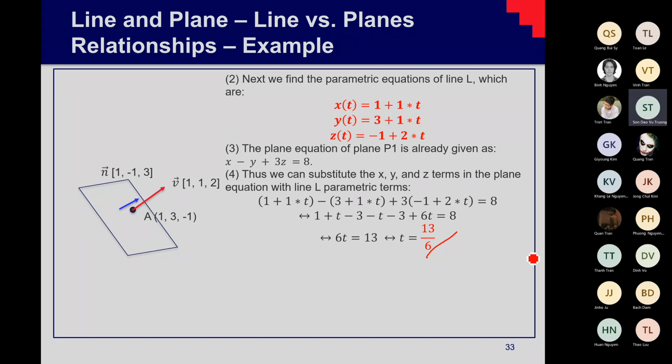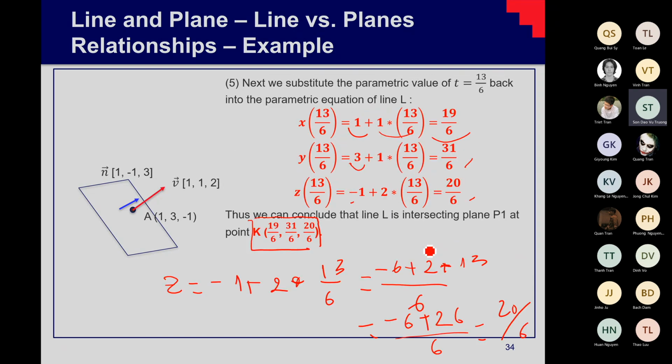Okay, so we can always do the reality check, which is to put everything back into the equation of the plane. Now we have 19 over 6, 31 over 6, and 20 over 6.